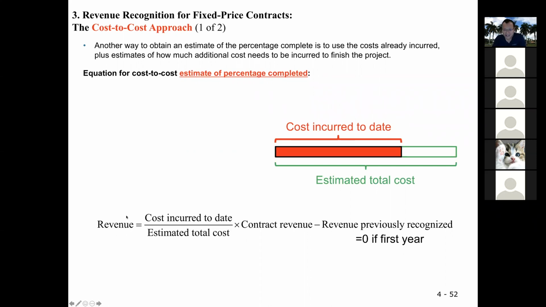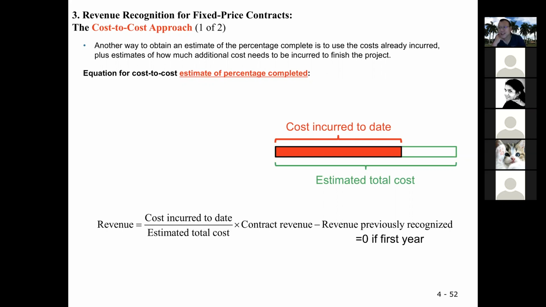So in this case, for the revenue, you want to know how much revenue I should recognize this year. I want to know the total amount of revenue I should recognize up to this point, and then I subtract all the revenues I recognized already in the previous years. The difference is what I should recognize this year. Does that make sense?